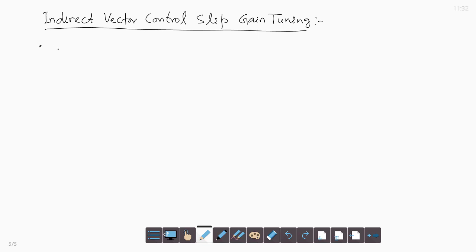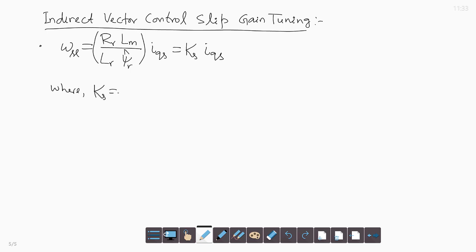So, for indirect vector control, slip speed omega SL is given by RR LM by LR into psi r hat, whole into IQS, that is Ks times IQS, where Ks, which is given by RR into LM by LR into psi r hat, is the slip gain.